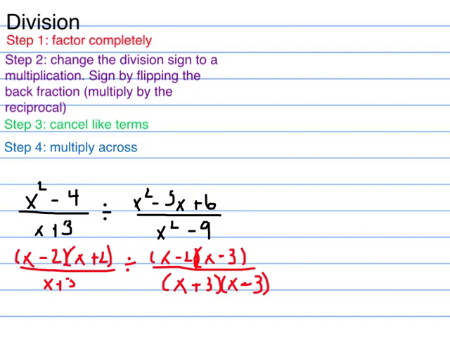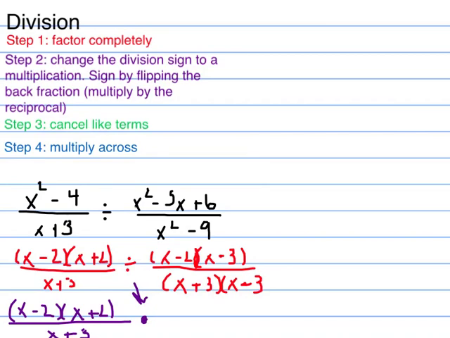The second step is to take that back fraction that I'm dividing by. If you remember, division is multiplying by the reciprocal, so we rewrite this where we flip the back fraction. So we end up with x minus 2, x plus 2 over x plus 3, and then instead of division, we change that to multiplication.